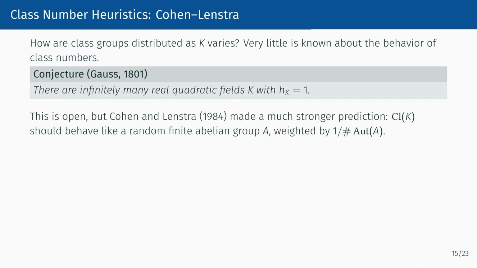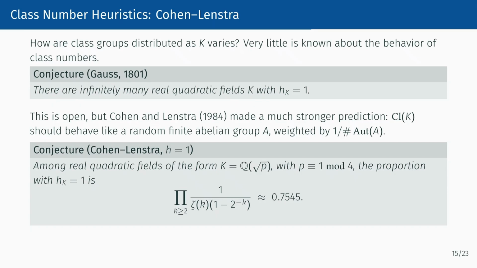And their prediction is that the class group should behave like a random Abelian group, more or less, or at least the odd part, which would mean that it's weighted inversely proportional to the number of symmetries that it has, the number of automorphisms. So if you just run into a group in the wild, that's the chance of encountering one such group.